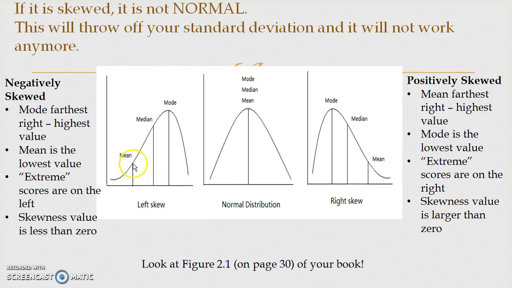In this case, the mean is lower because when we factor those extreme low scores with the high scores, they're going to pull down the mean of the class. But because most students have done well on the test, the mode is going to be the highest. You do have questions on your quiz related to this, negative and positive skewness.